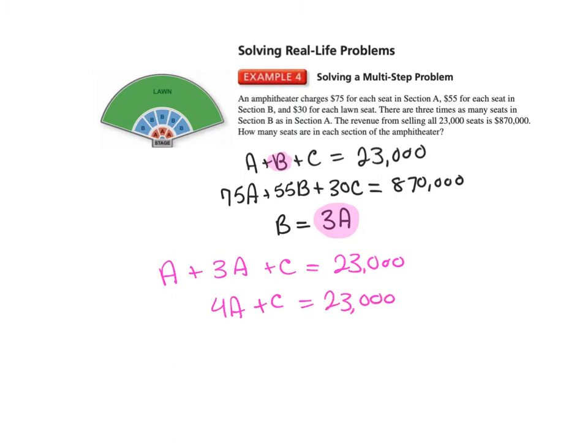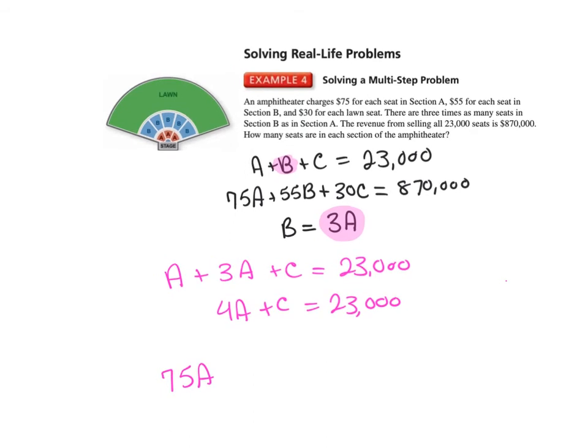The second equation with the money, we can plug in 3A again in place of B. So 75A plus 55, and B is actually 3A, so we replace that with 3A, plus 30C equals 870,000.